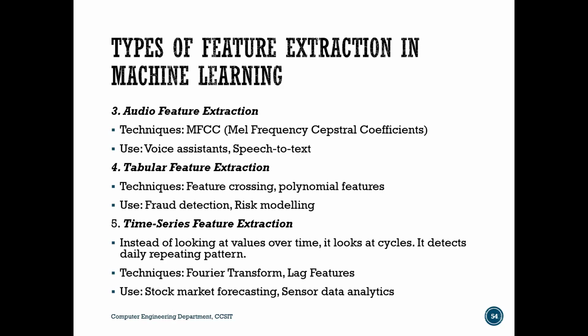For example, in the morning the prices were too high, and gradually, as time passes, the price goes low. So it considers daily repeating patterns, and that is called time series, based on time.